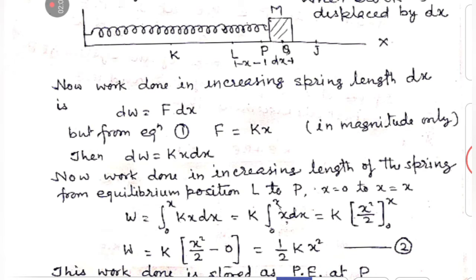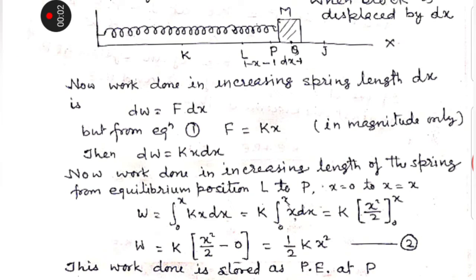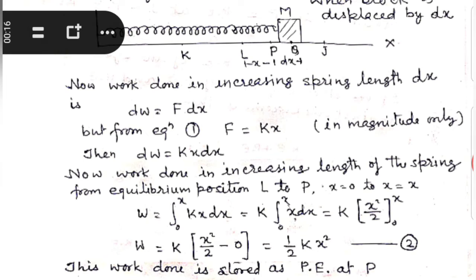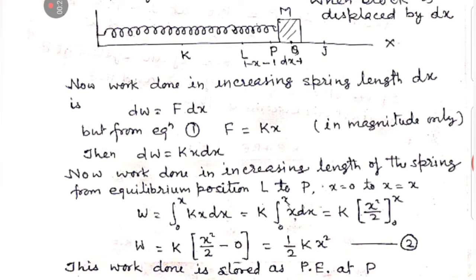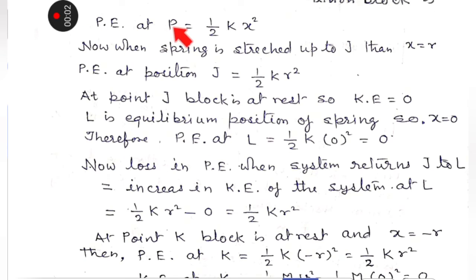And this work done is stored in the spring as potential energy at point P. Potential energy at P is equal to half kx square.